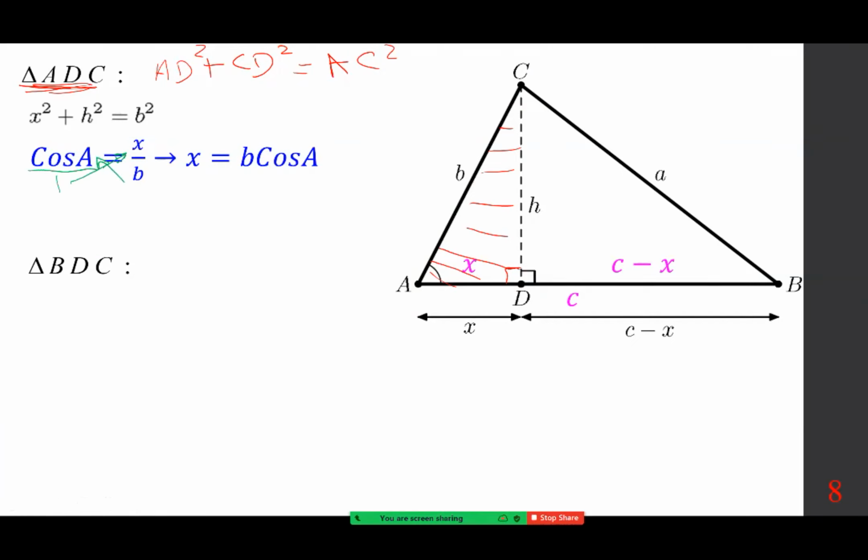Now, let's use a different color. If we use the right side, the triangle BDC, we can write the Pythagorean theorem for that.